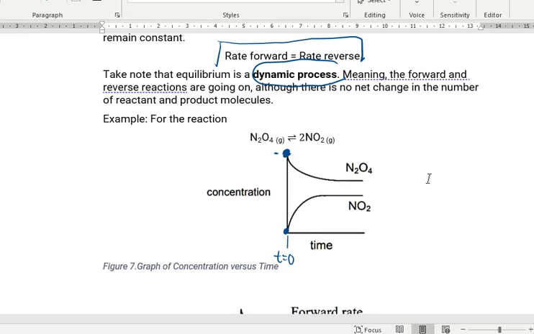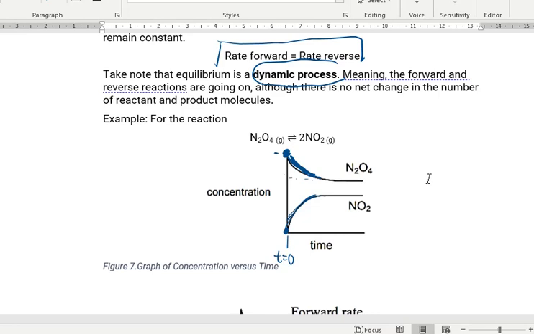But then, as the reaction proceeds, the concentration of N2O4 decreases, right? It decreases until here, and the concentration of NO2 increases. So NO2 reaches here, right? So, N2O4 is forming NO2, 2 moles of NO2. Okay?